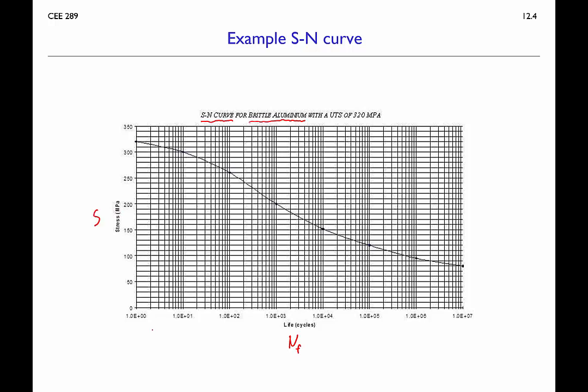And you can see this plot ranges from 1 cycle up to 10 to the 7th cycles. And it's the 10 to the 4th to 10 to the 7th range that's the high cycle fatigue. And you can see out in this domain here, we've got approximately a linear relationship.